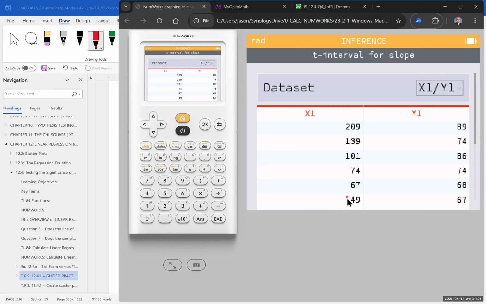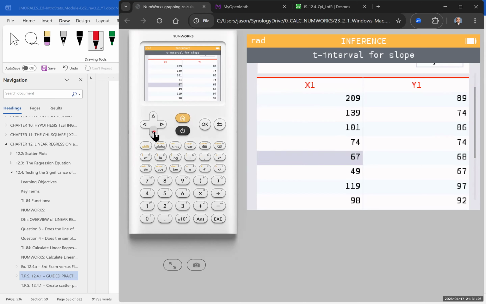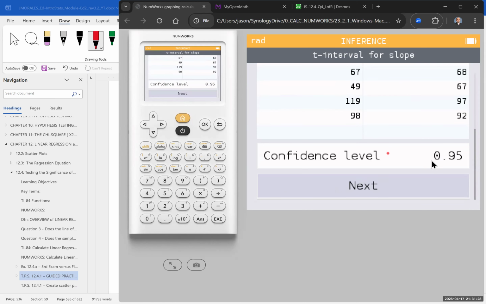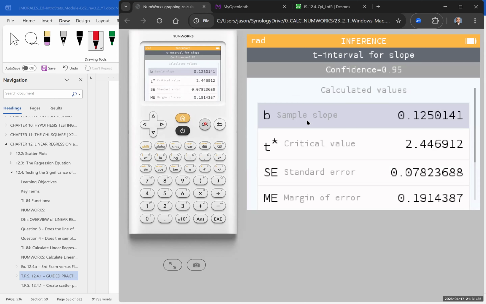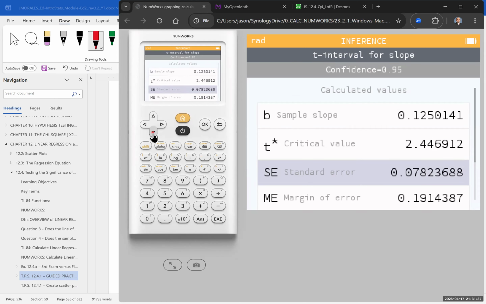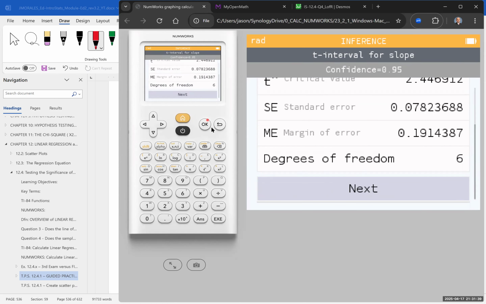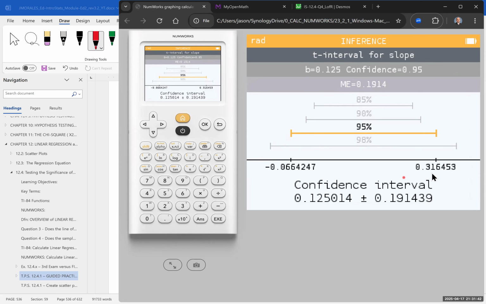This is my salary and wins. Remember, I have to scroll down to the bottom in order to move next. I could change the confidence level if it was anything other than 95%, but I'll stay with that. Then scroll down again, and here's my confidence interval: negative 0.066 and positive 0.316. So the lower bound number is negative, the upper bound value is positive.